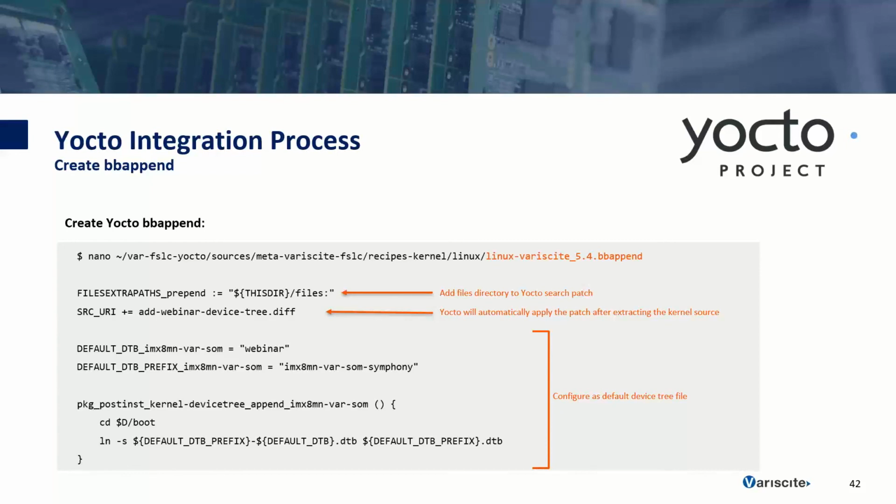And finally, we add a few lines at the end to create a symbolic link in the boot directory so that U-Boot will boot the correct device tree file. So after creating the patch files, adding them to the Yocto layer, and adding this bbappend file, we're now ready to build an image and boot the new device tree file.